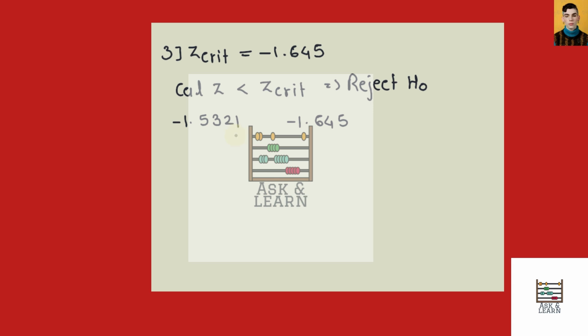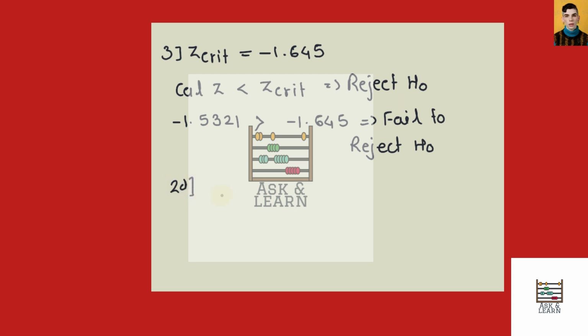So the calculated Z value is greater than Z critical, so we fail to reject the null hypothesis H0. At alpha equal to 0.05 level of significance, we fail to reject H0 and conclude that the proportion of bikes who had unsafe tires is not less than 0.2.